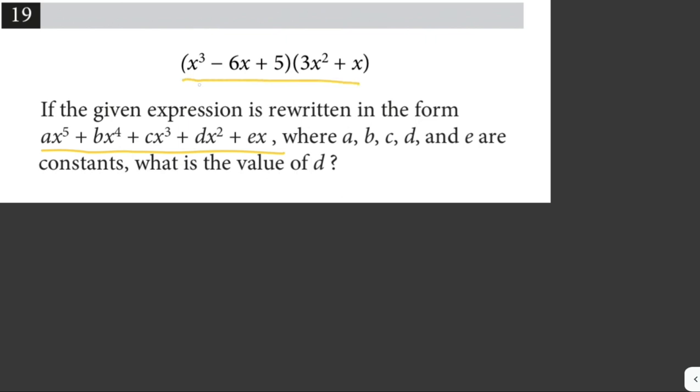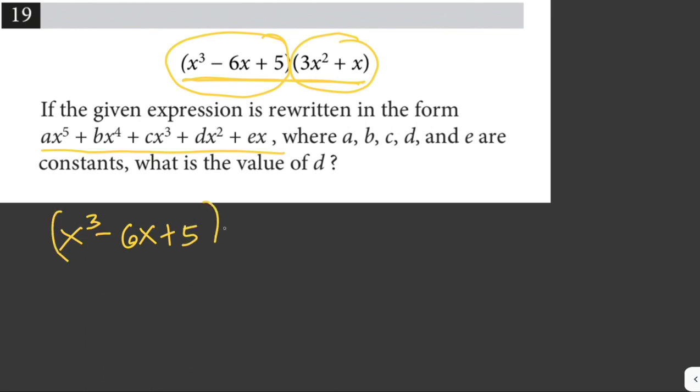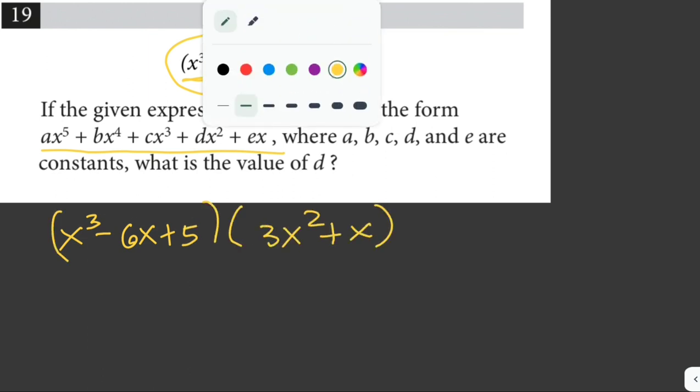All we have to do here is to multiply this trinomial, meaning it has 3 terms, by the binomial. So let's do that. So x cubed minus 6x plus 5 times 3x squared plus x.